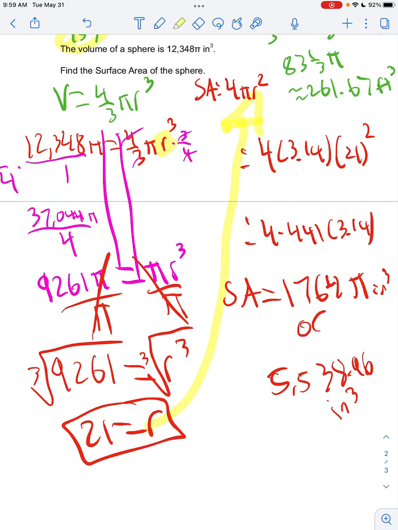So again, depending on if it's in terms of pi or if you get a decimal.